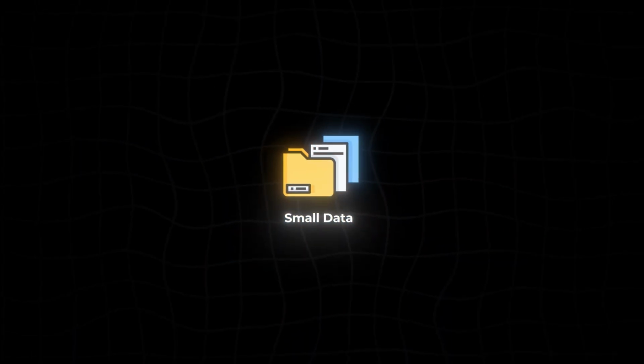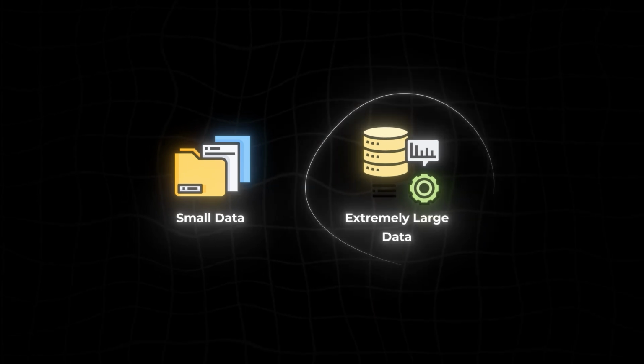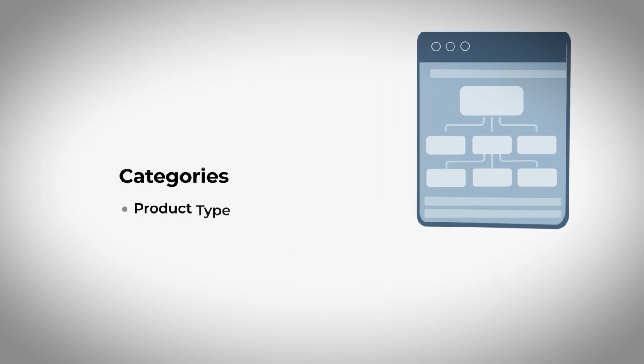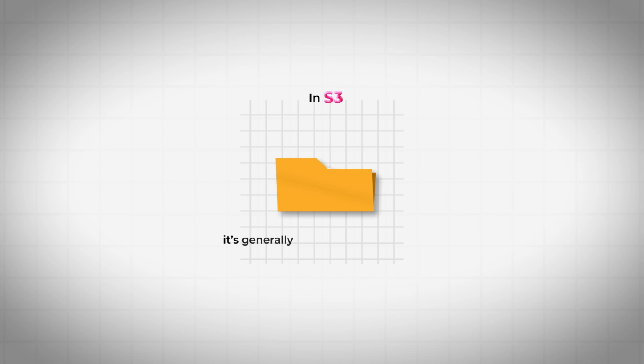This might not be very relevant for small datasets, but if the data you're working with is extremely large, this does matter a lot. Partitioning is usually based on things like dates, geographic info like country or region, or categories like product type or department. Basically, whatever makes sense for your data. In S3, it's generally implemented through folder structures.